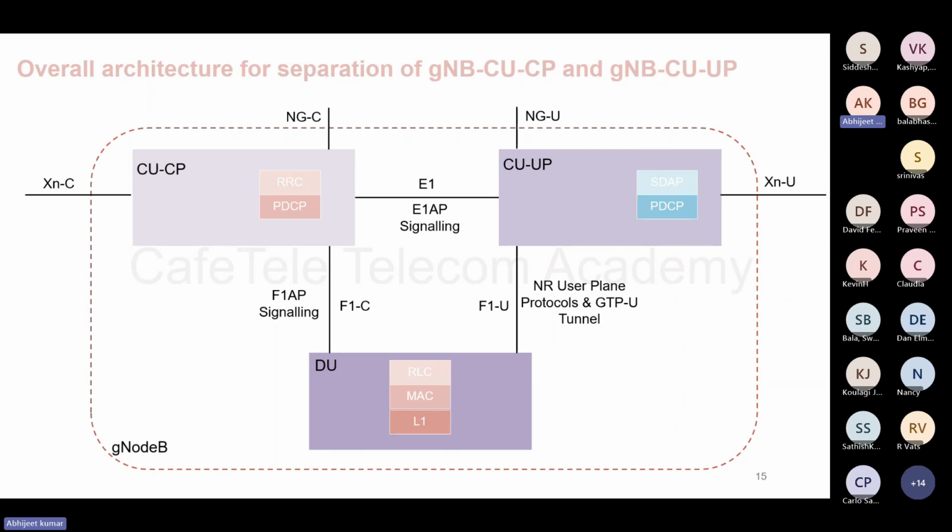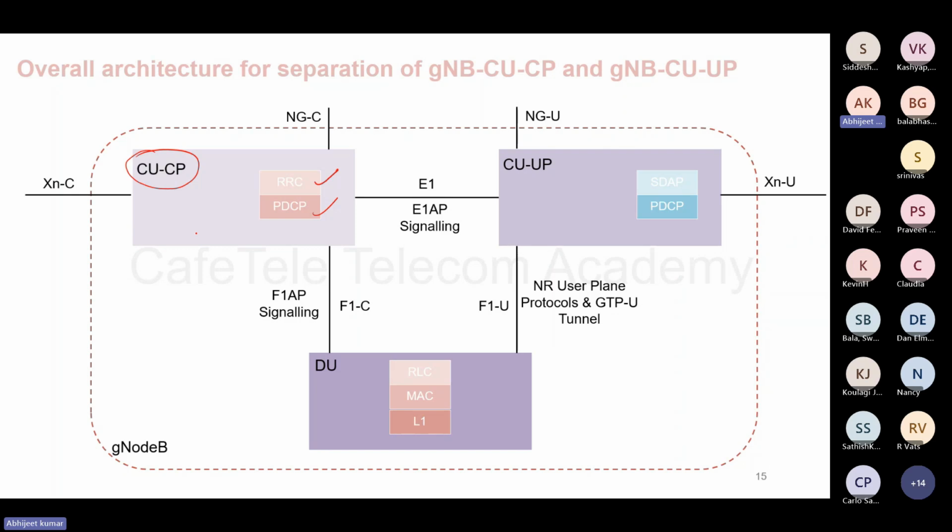Now, if you see this diagram, this architecture is split in two parts. The first part is called CU-CP. CU-CP means what? Central Unit Control Plane. It houses the RRC and the PDCP, that is, the Radio Resource Control and the Packet Data Convergence Protocol layers. RRC is responsible for control plane signaling with the 5G device to manage the connection establishment, the configuration, or the release or inactive state.